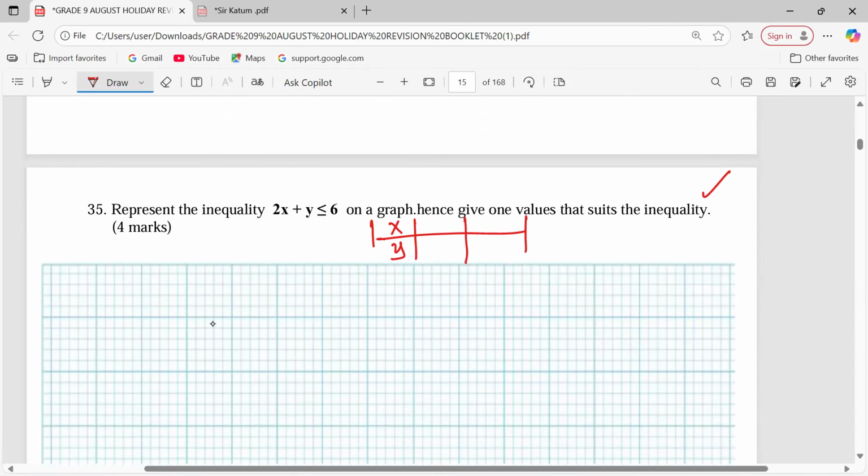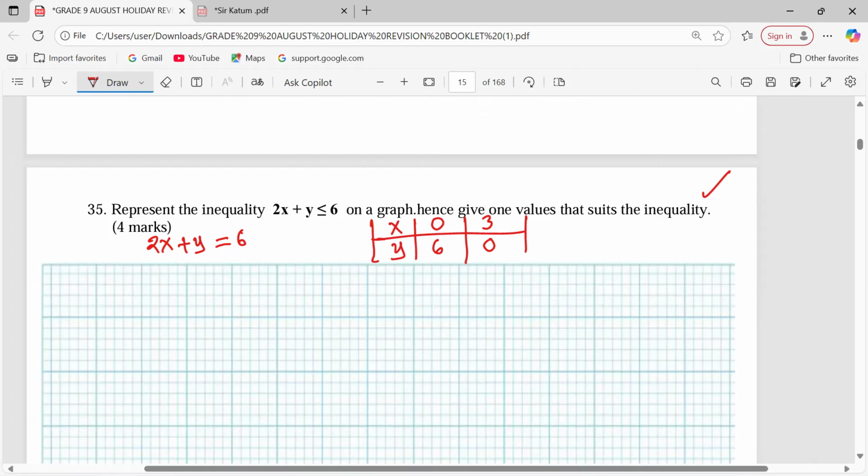In other terms, we don't draw inequalities, we draw borderlines. So we need the line 2x plus y equals 6. So we can start by coming up with intercepts. When x is 0, what shall y be? 6. When y is 0, what shall x be? 3.